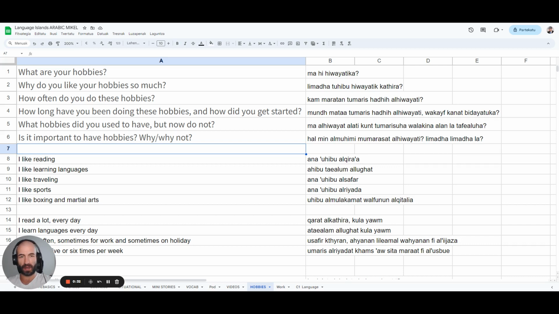And again, the language islands, before anything else, you should do the basics. Basics being introducing yourself, talking about yourself a little bit, your hobbies, your work, where you're from, really basic situations, things like that, and also situations that you will find yourself in your daily life.